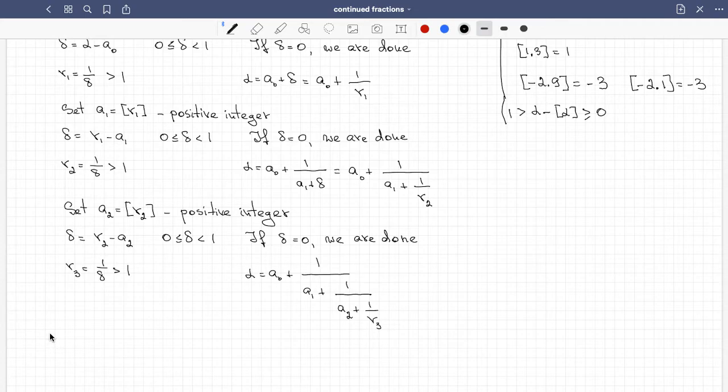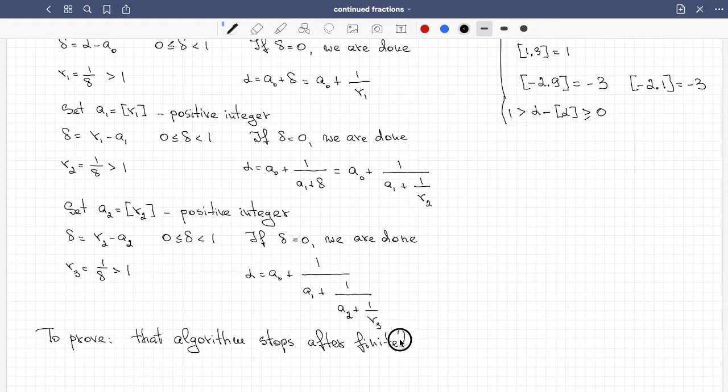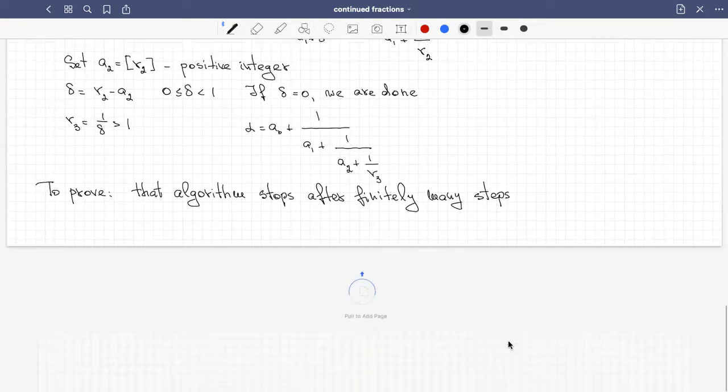So to prove that the algorithm stops after finitely many steps, let us try to do that.